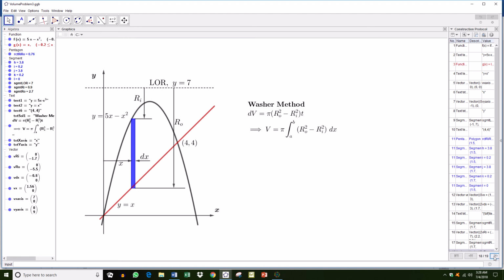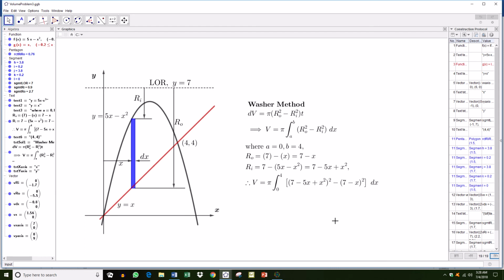R_o is the y value at the top point, top minus bottom. Please do not forget that. The y value at the top point, all of these points have a y value of 7, minus the y value along this line. Well, if we know the y value of that point, which is x, we know the y value everywhere along this line.